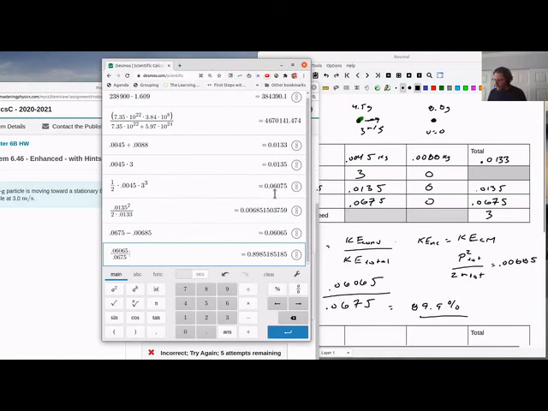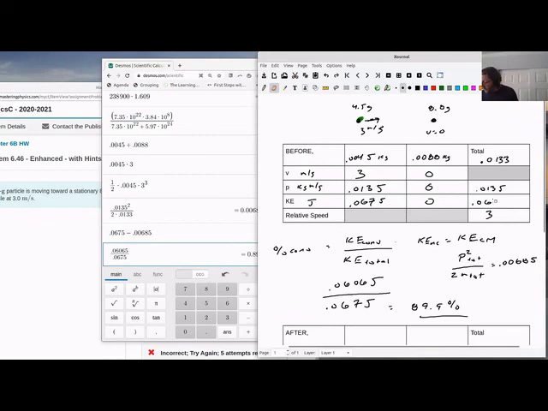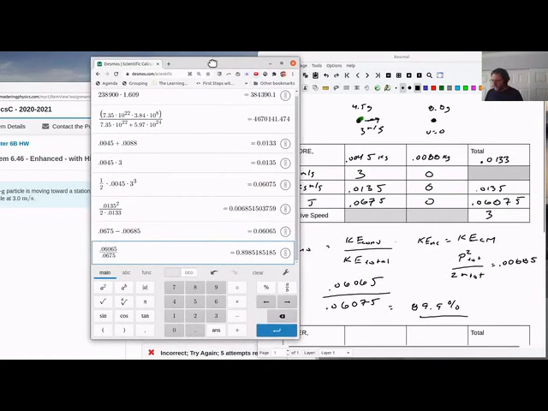That gives me 0.06075. I had a little typo right there. 0.06075, which is going to change that number, and it's also going to change this other number, so let's fix that as well.